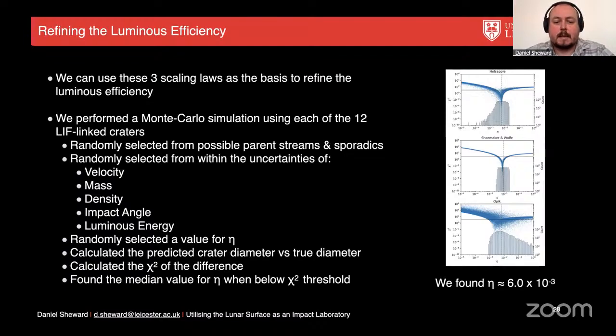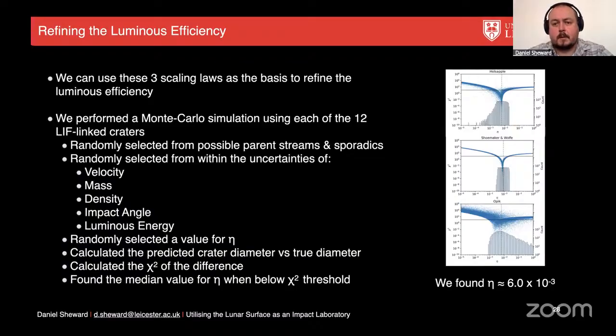And we randomly selected a value for eta, calculated the predicted diameter from those values using each scaling law, and compared that to the measured diameter of the crater. From that, we could calculate the chi-squared of the difference. And we found the median value for eta below the chi-squared threshold is about 6 times 10 to the negative 3.